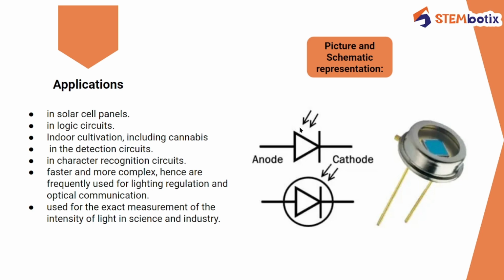Now let's see the applications of this kind of diode. They are used in solar cells, in logic circuits, indoor cultivation, and also in detection circuits. In character recognition circuits, they are faster and more complex.